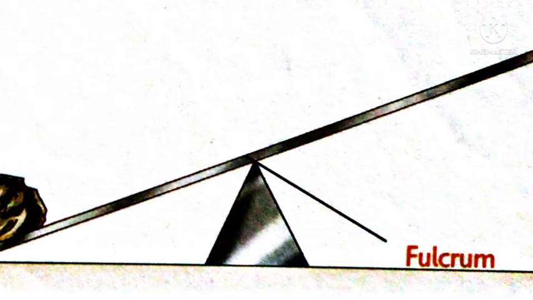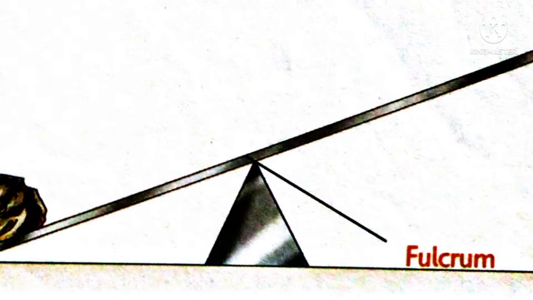Examples of simple machines that are first class levers are the following: number 1 is claw hammer, pair of scissors, pliers, and so on.